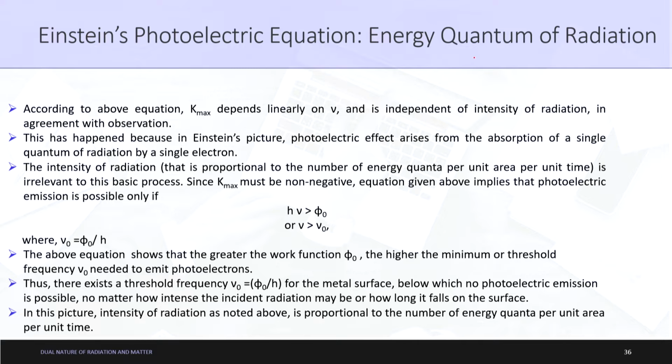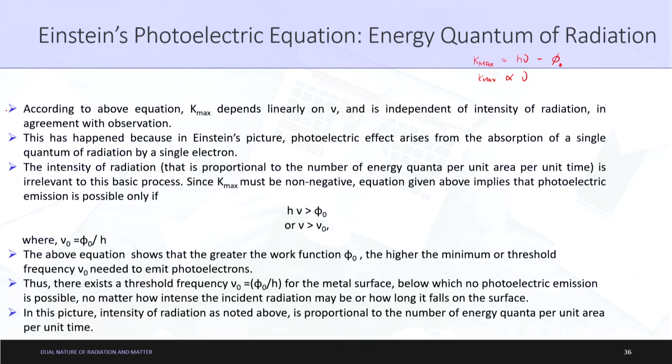As h is a constant, Kmax is directly proportional to the frequency of the light. It is independent of intensity because there is no intensity term here, which again agrees with the experimental study.